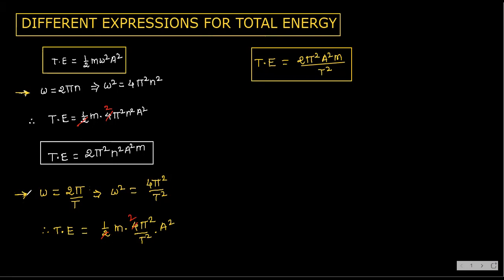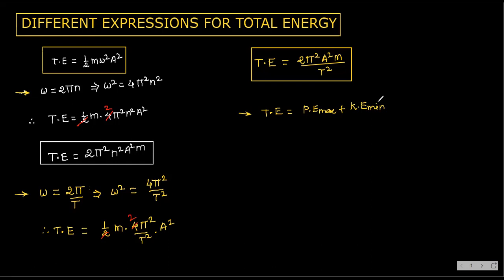The total energy is always the summation of potential energy plus kinetic energy. So therefore, total energy is always equal to maximum potential energy plus minimum kinetic energy, because we know potential energy converts into kinetic energy, or kinetic energy converts into potential energy.